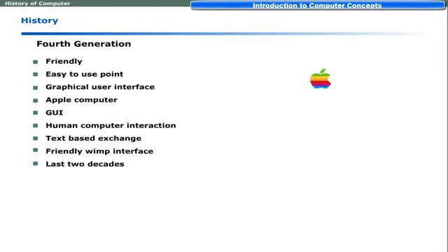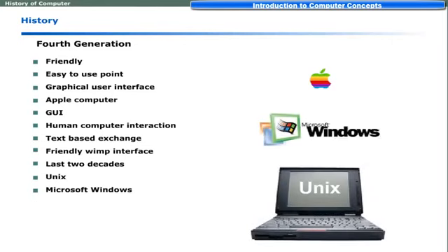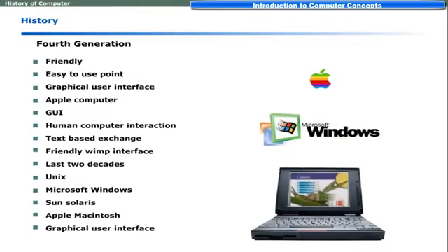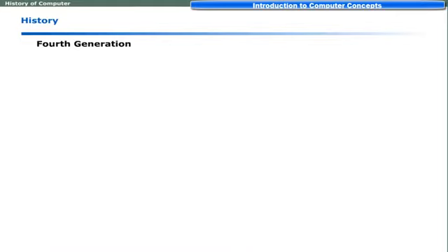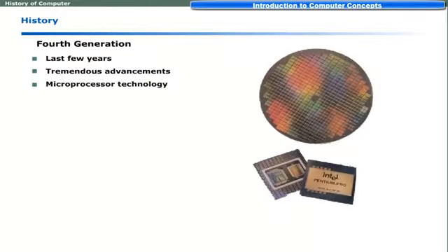During the last 2 decades, Unix, Microsoft Windows, Sun Solaris, Apple Macintosh, and many other graphical user interface operating systems were introduced.